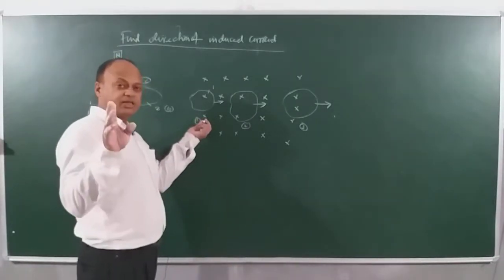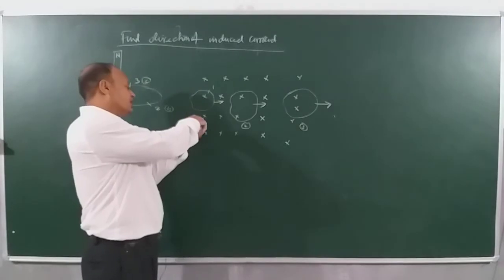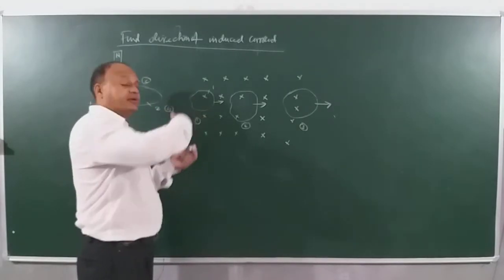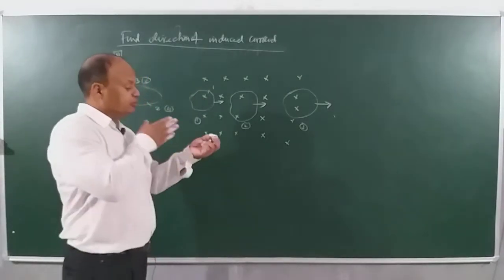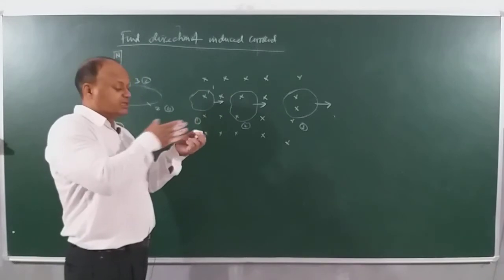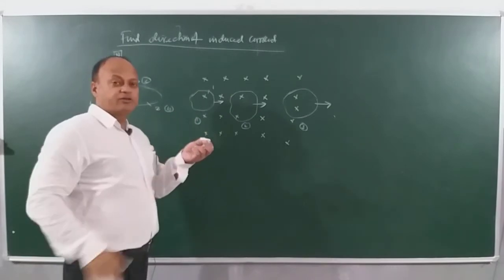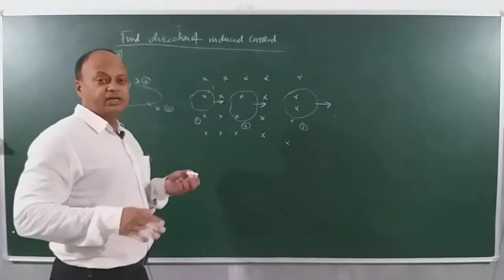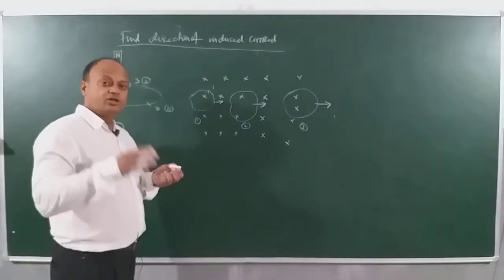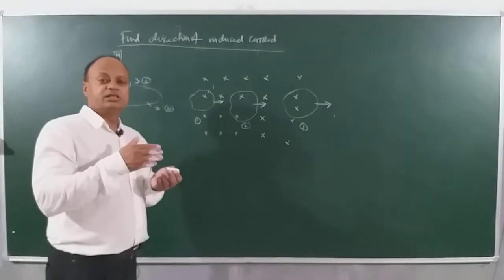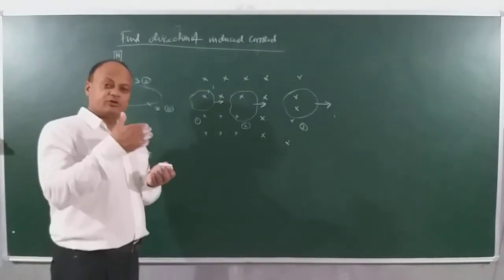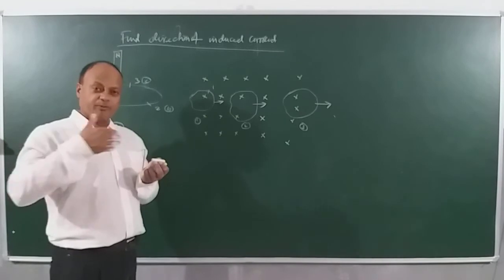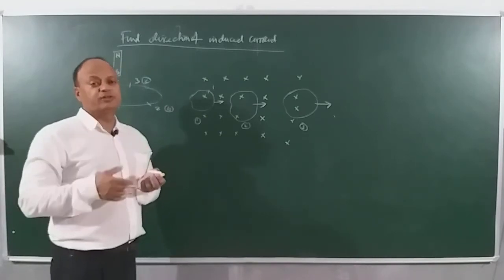So, I can imagine an analogy here. The north pole is lying above the board and the south pole is lying behind the board. So, if the loop is going inside, it is encountering the north pole, and flux is increasing. So, what will be the tendency of the induced current? To reduce the change in flux. Flux is increasing, so we will try to decrease the flux, and therefore we will try to come out of the field, and that can be done only where there is repulsion.